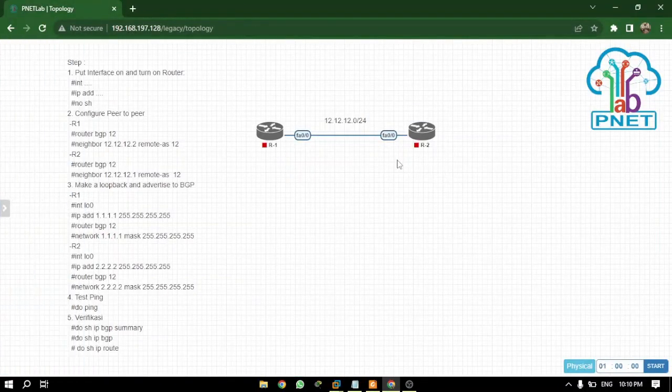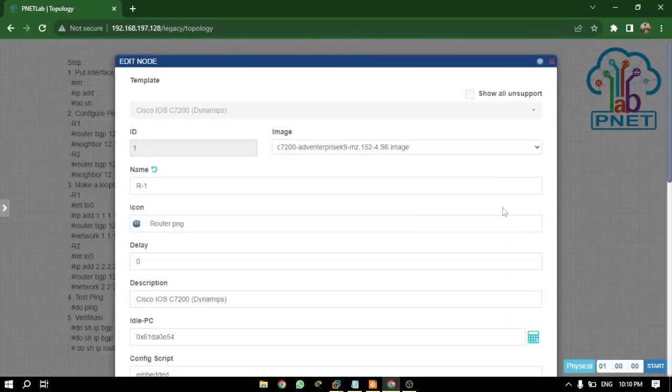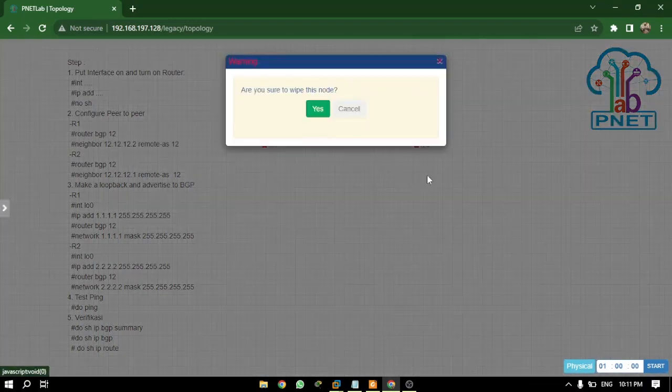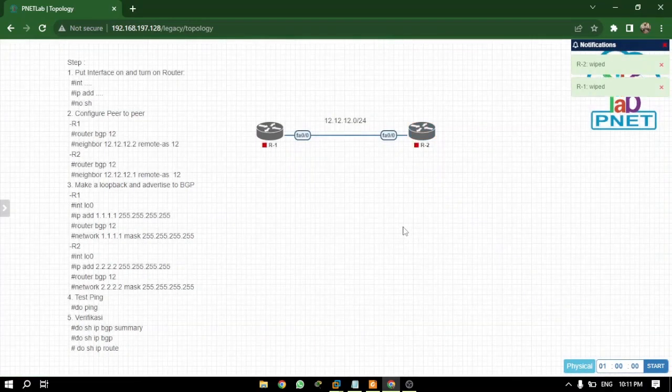Okay, for the first, we got here two routers, and I wrote the steps here. You can see the steps: put interface and turn on router. Wait a second, we must wipe because I did my configuration last time.